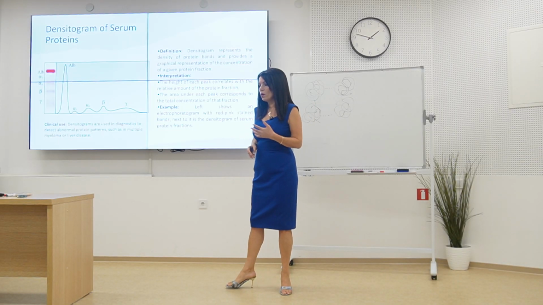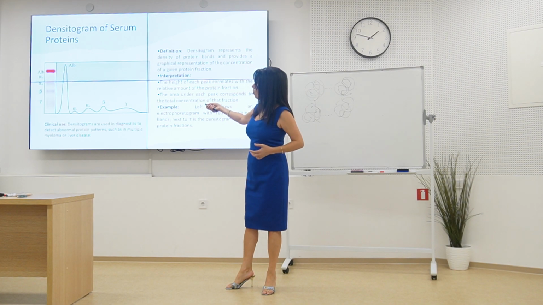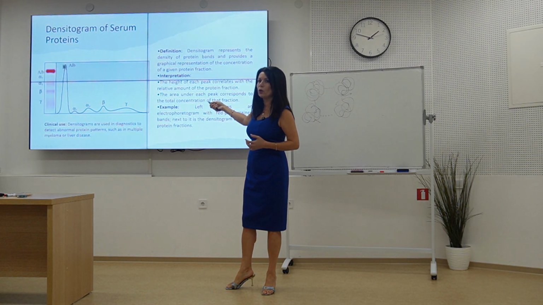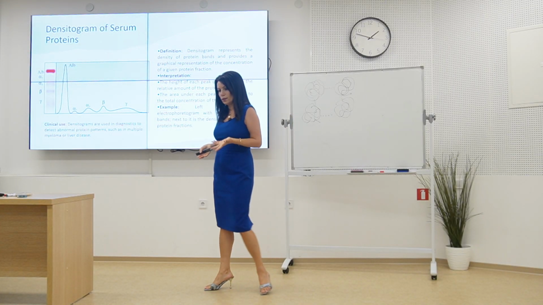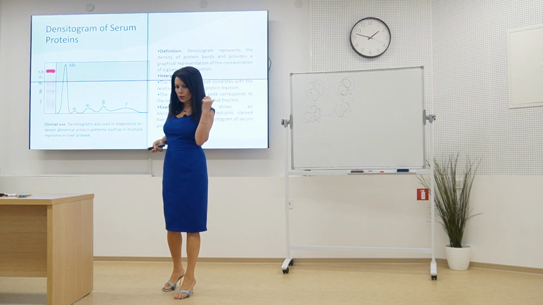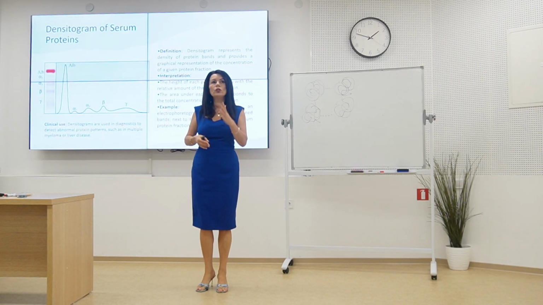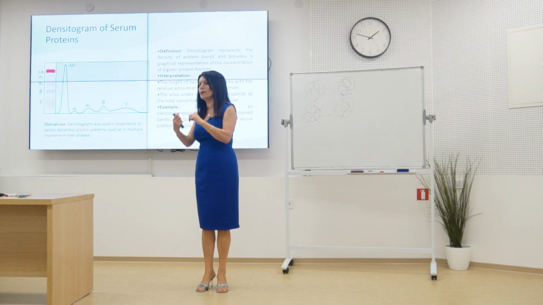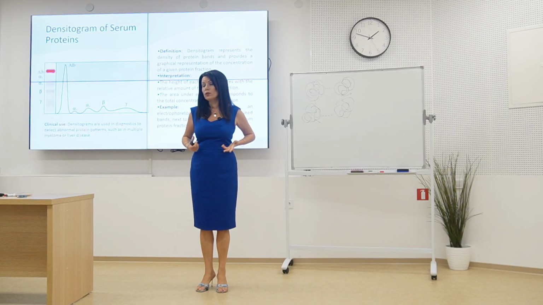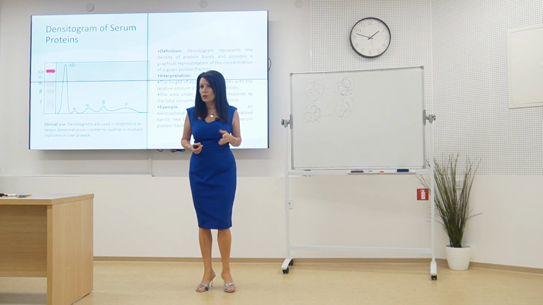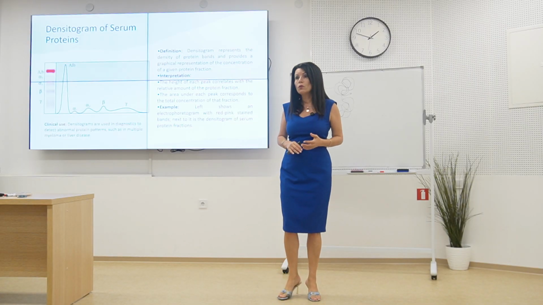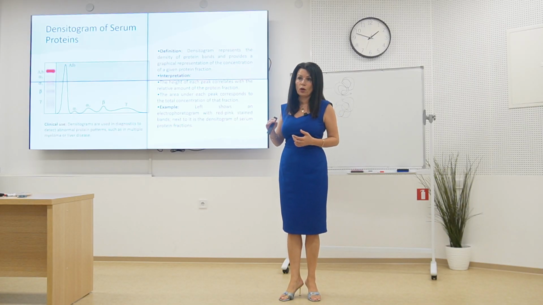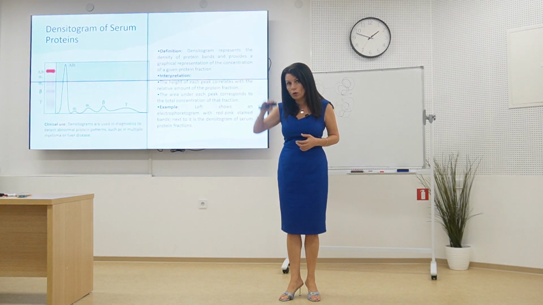For example, there is a low peak of albumin, a low level of albumin in the blood. What does it mean? To answer this question, we need to know which organ produces albumin. This organ is the liver. If there is a liver disorder, some impairment of the liver, there will be low production of albumin, which means this peak will be lower.